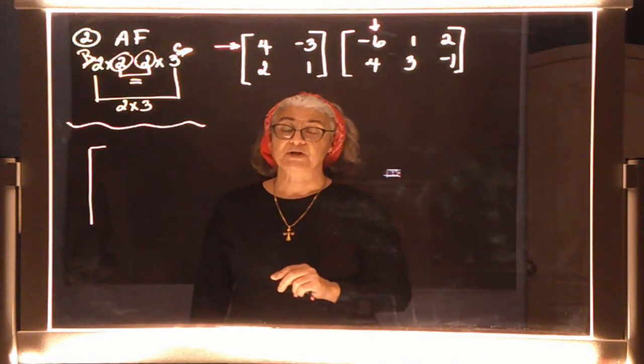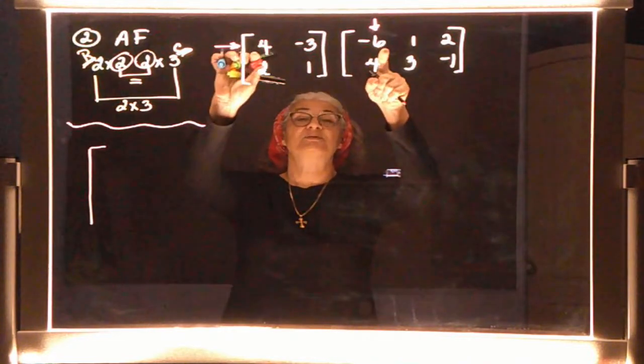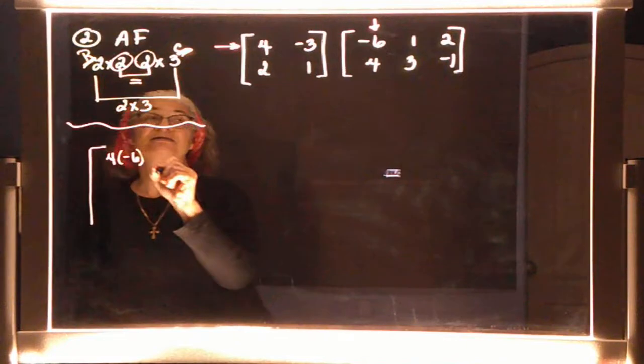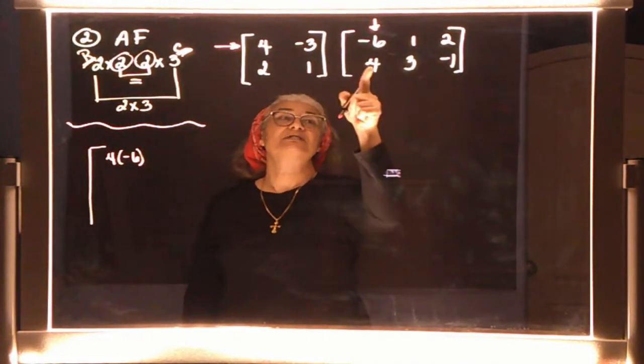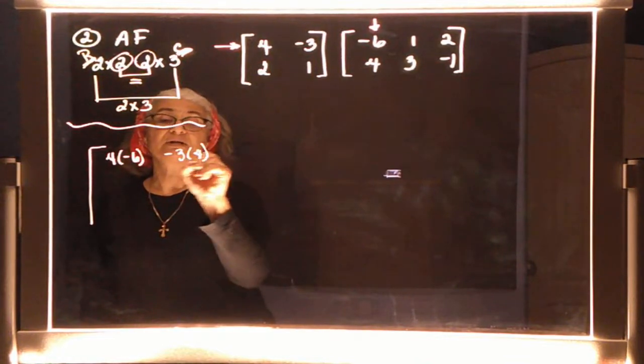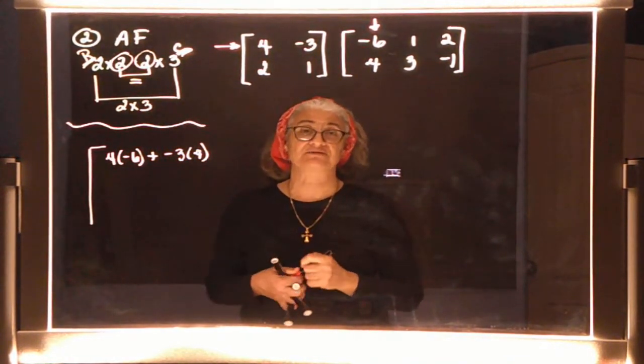Cool? So remember, first number to first number, so 4 times negative 6, second number to second number, negative 3 times 4, and then I add them together so I can get a single answer there.